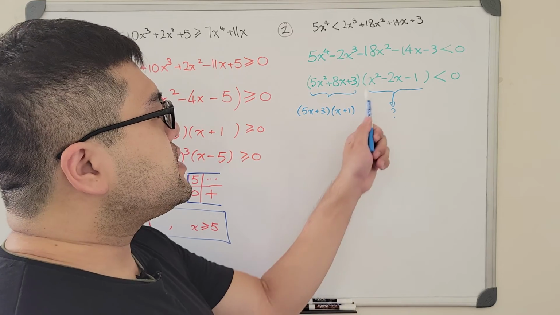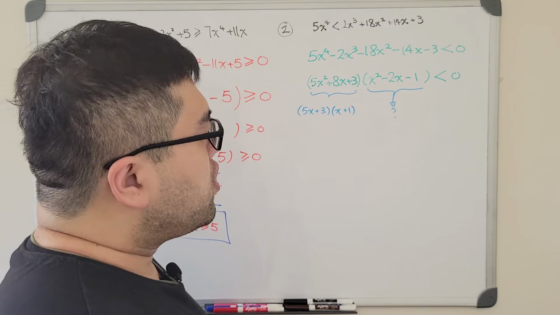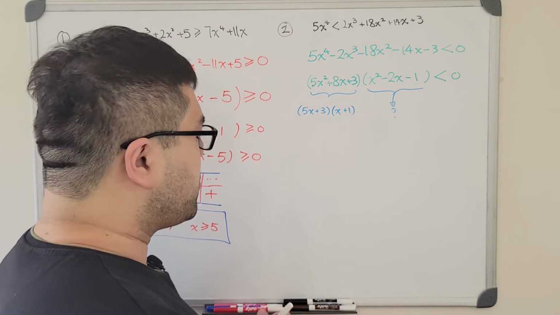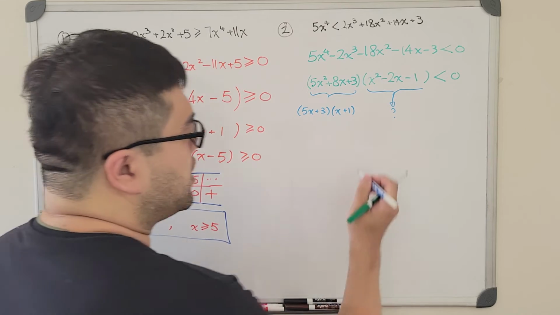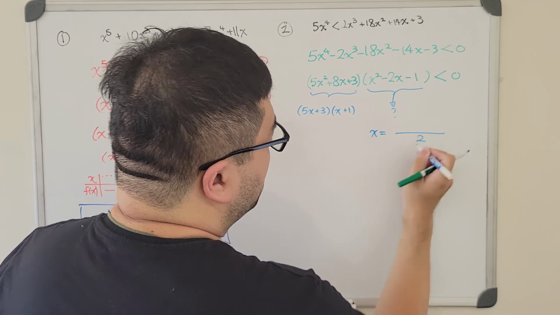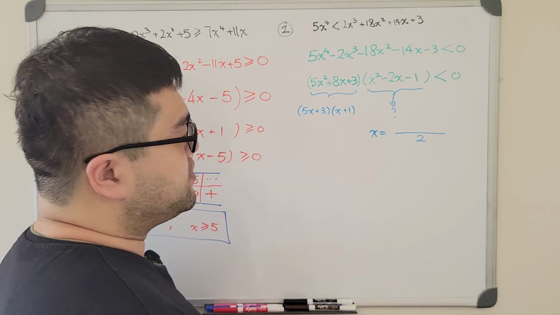But since this is just a quadratic expression, we can use the quadratic formula to help us get the answer quickly, or the roots, I should say. So if we do that, we will have 2 on the bottom because the leading coefficient is 1.